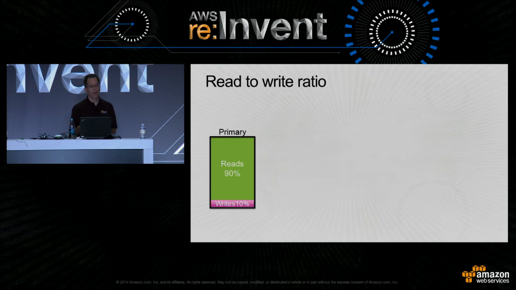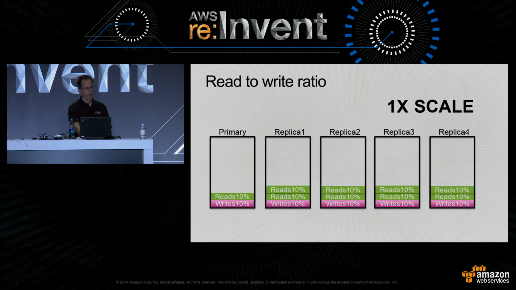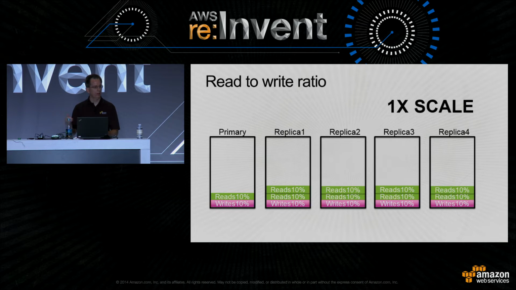One of the things to think about when you're using read replicas for scale is how much writing am I doing? Let's say you have an example where you have 90% reads and 10% writes. If you do 4 replicas, you're going to be able to move a lot of that read workload to those, right? But remember that the writes still have to be done on all those replicas.